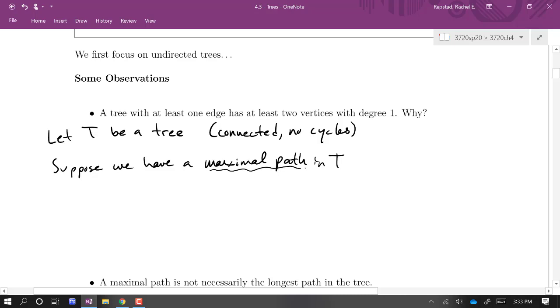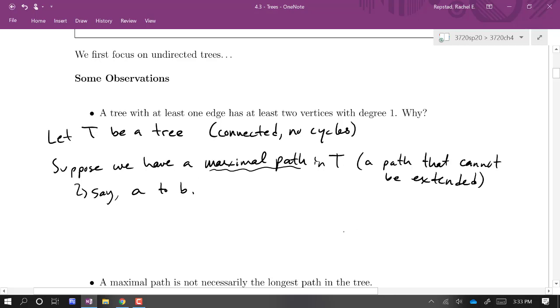And by maximal path, we mean a path that cannot be extended. And let's suppose further, this maximal path, say, starts at vertex A and ends at vertex B.